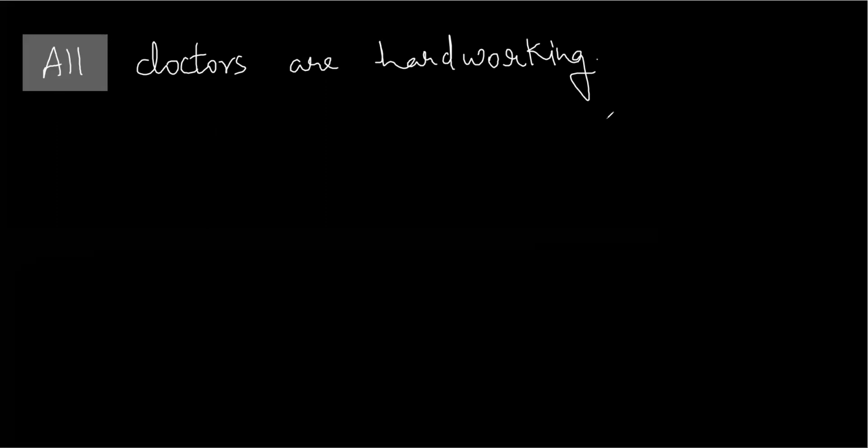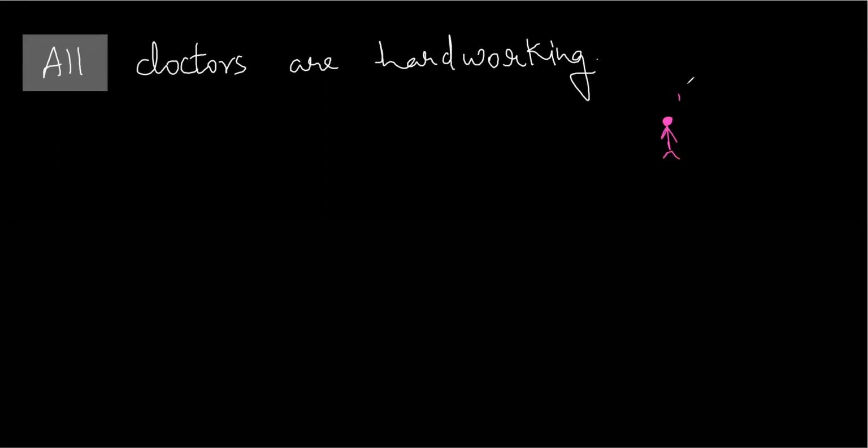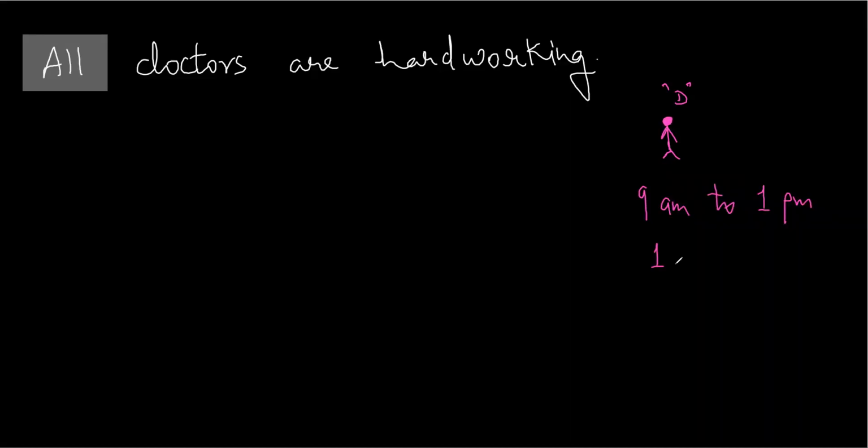Then suddenly you come to know about Mr. D. You know this doctor, he is in your locality, and you know that he is very lazy. He is not hardworking. His clinic time is 9 a.m. to 1 p.m. but he will always come at 11 a.m., two hours late.